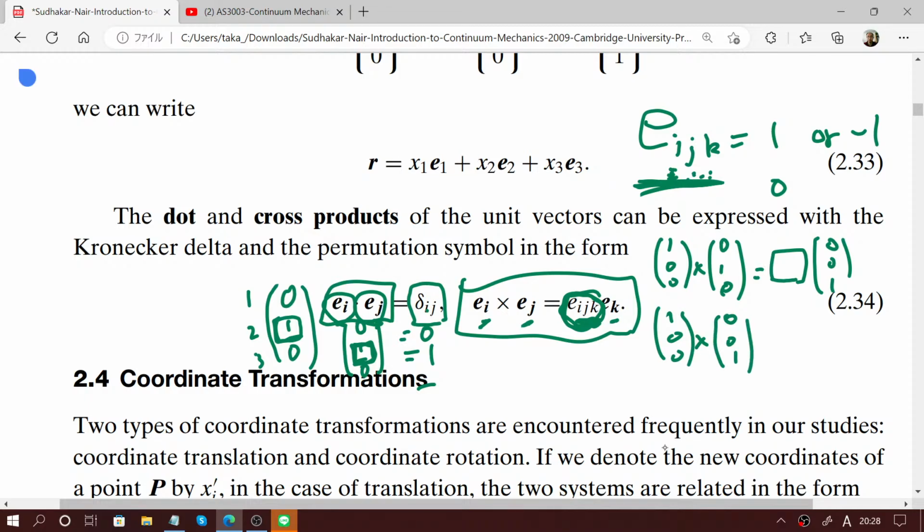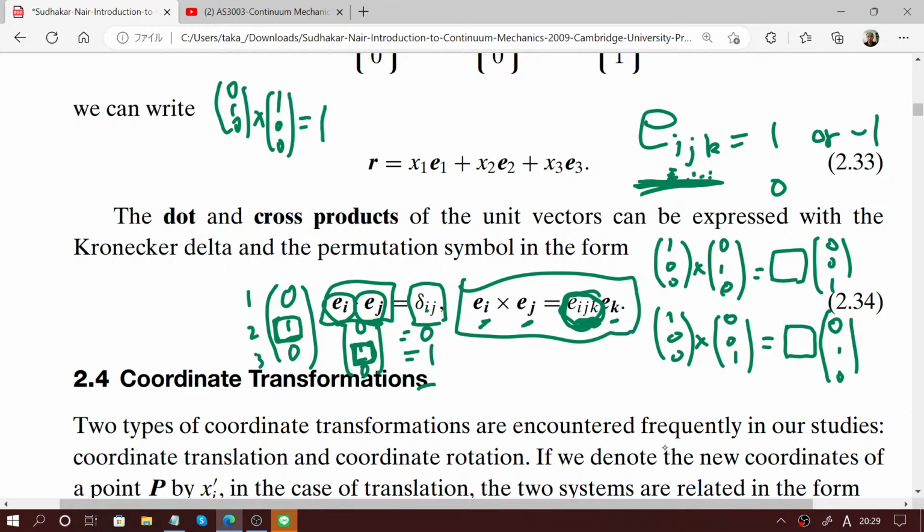This is also okay. Then you have some factor, then the vector has to be 0, 1, 0. And there's another vector you can think of: 0, 1, 0 multiplied by 1, 0, 0.